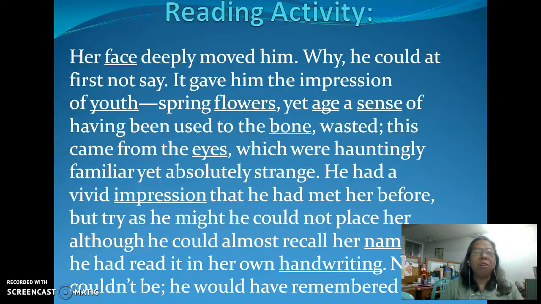Okay? So I'm going to give you a few minutes to read through the reading activity, and then after you're done with the reading, I'd like you to go back to each sentence and each underlined word and determine whether the underlined word is actually a concrete noun or if it is an abstract noun. Okay? So you have a few minutes to do that activity right now.